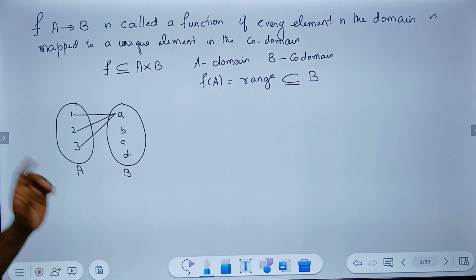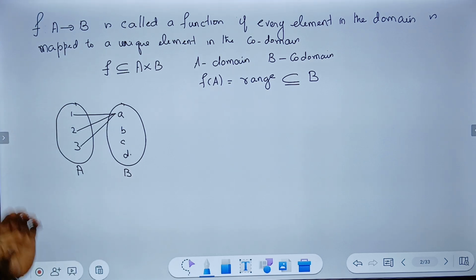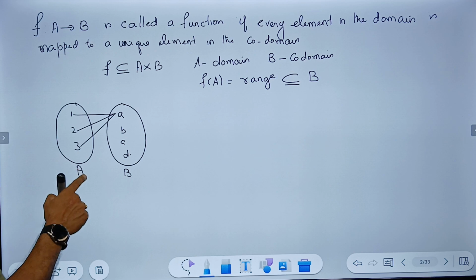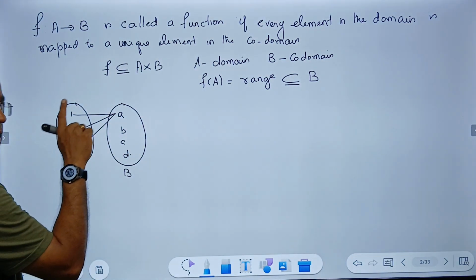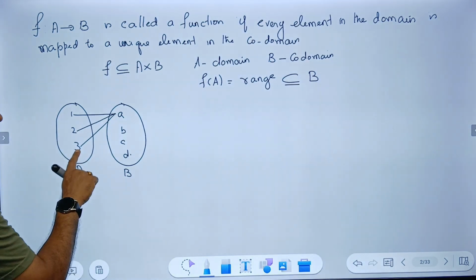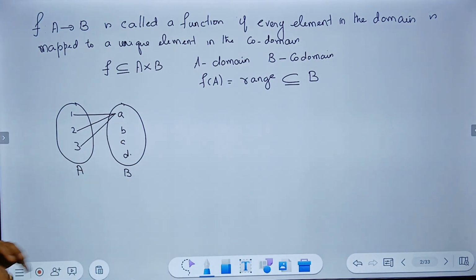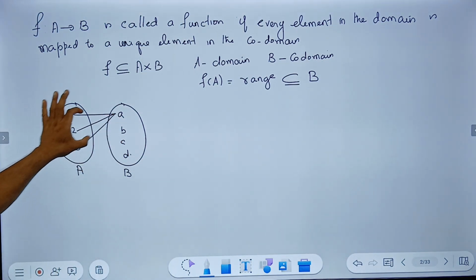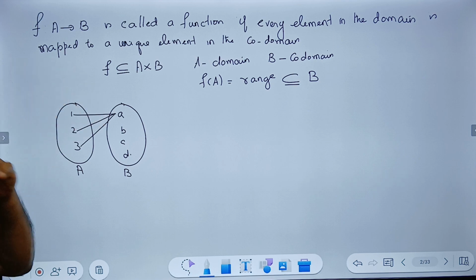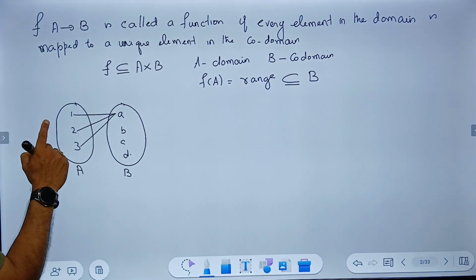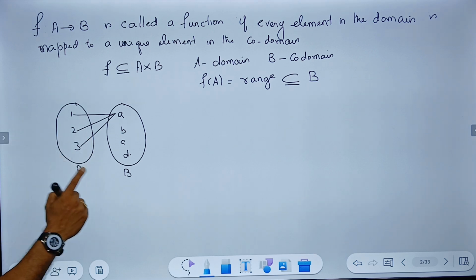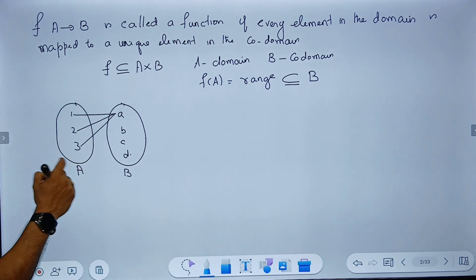Domain is 1, 2, 3. Every element in the domain is mapped, and 1 is mapped to only one element, 2 is mapped to only one element, 3 is mapped to only one element. So every element in the domain is mapped to exactly one element in the codomain. Therefore, it satisfies the definition of a function. Therefore, this is a function. You don't call it a relation, but you call it a function.